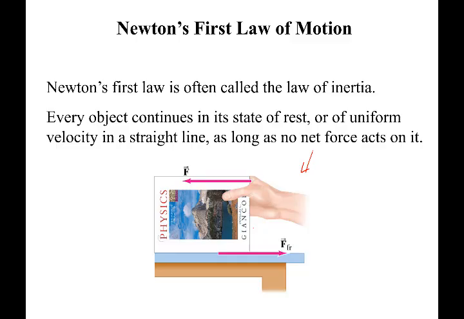So there must be a net force acting on the object. An object sliding across the table or floor slows down due to the net force of friction acting on the object. So for example, there is a force of friction in this direction, and there's an applied force in this direction.